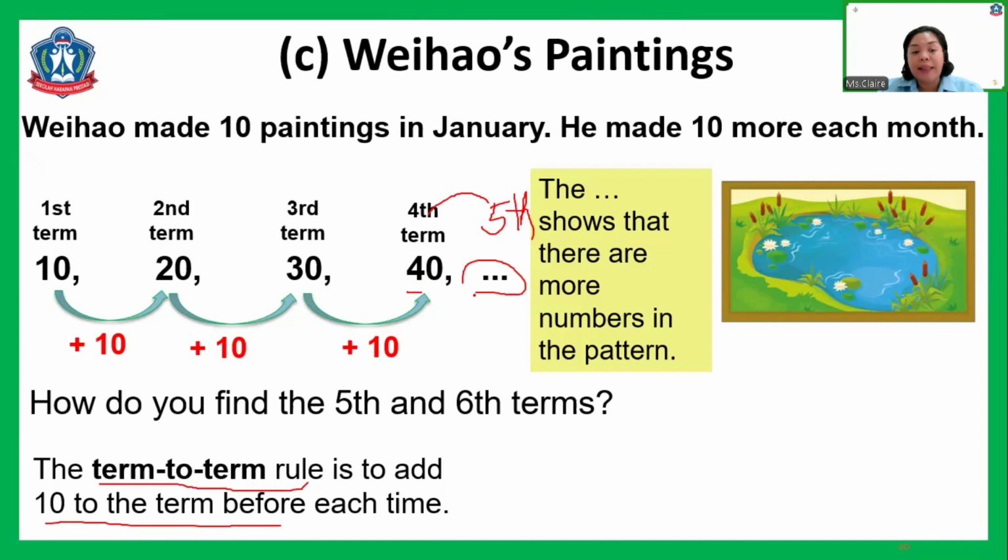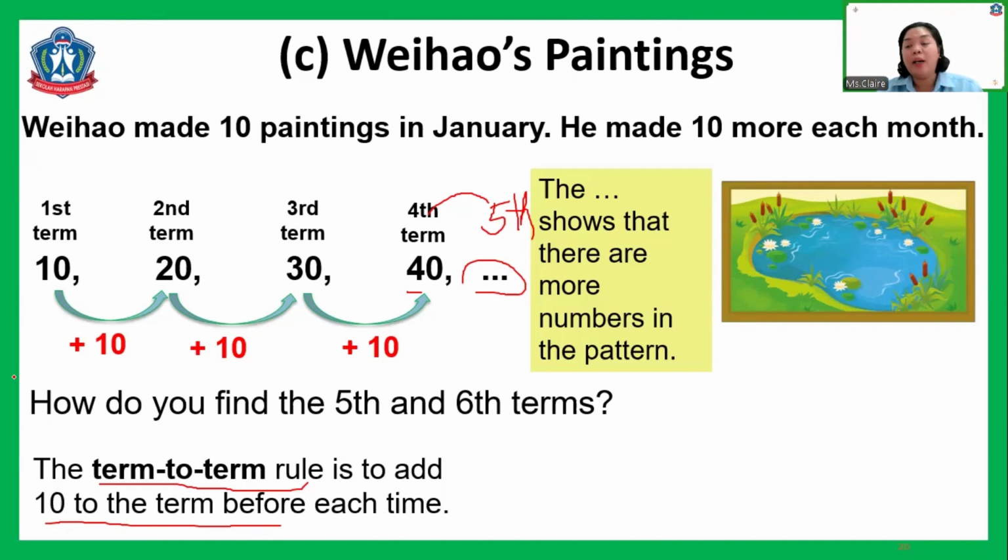If we add 10 again, that is 60. And the next one, we add more, 70. So if we want to find the 10th term: the fourth term is 40, then 50, fifth term, sixth term 60, 70, 80, 90, and 100. Therefore, the 10th term is 100 paintings.